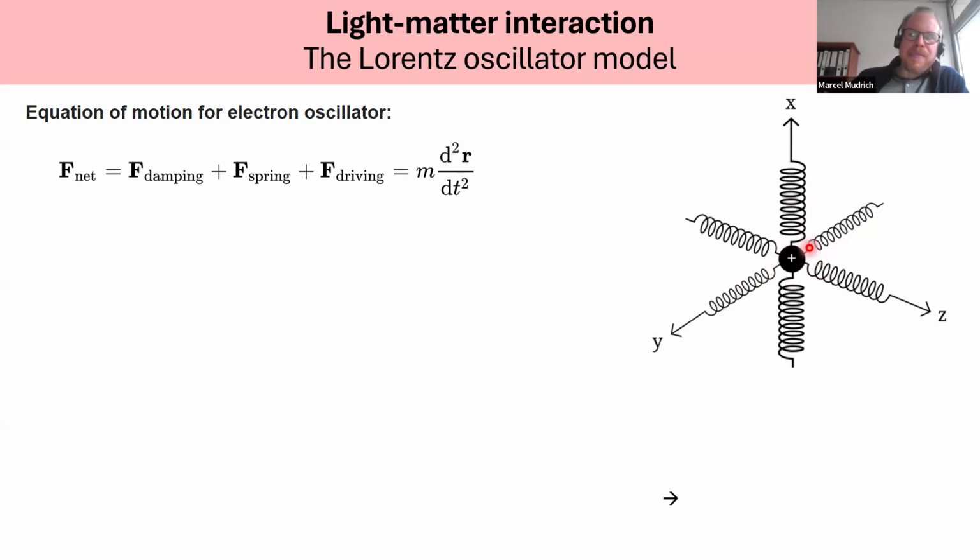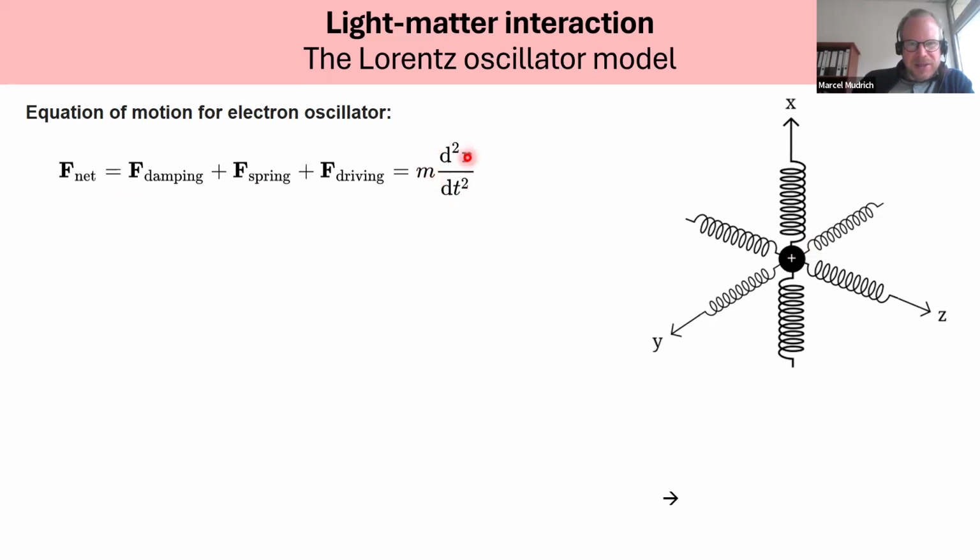So as long as we are not driving the electron with very strong laser fields, this harmonic approximation is still quite good. So let's look at Newton's equation of motion.